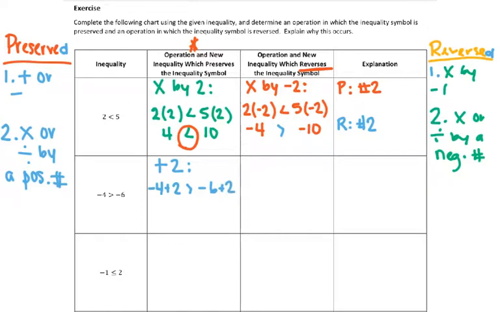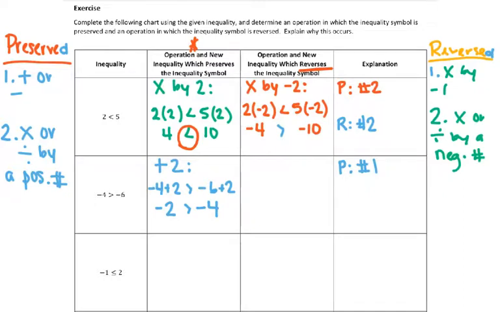And if we carry out these operations, -4 plus 2 is -2, which is still greater than -6 plus 2, which is -4. So that is still a true statement. So over here, I'm going to write P for preserved, and the explanation for preserving that inequality symbol is number 1 over here for preserved.